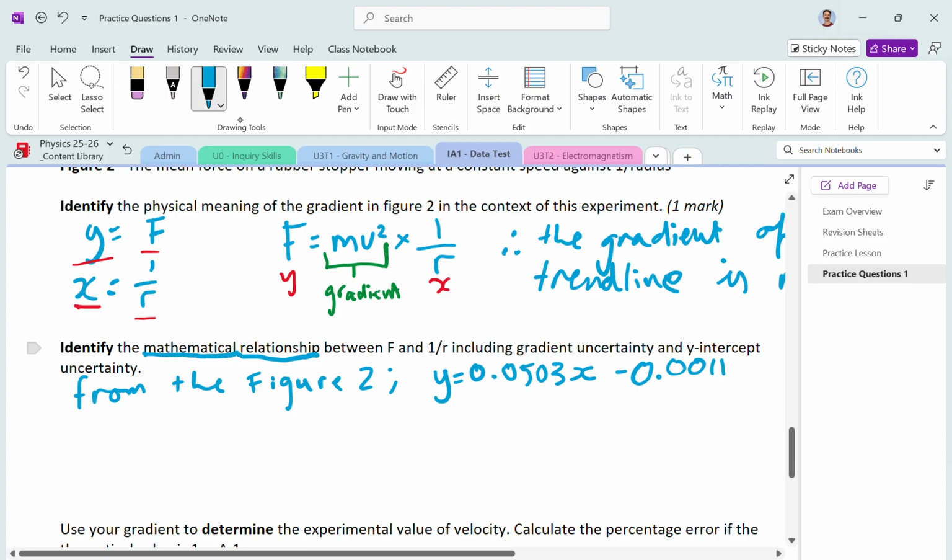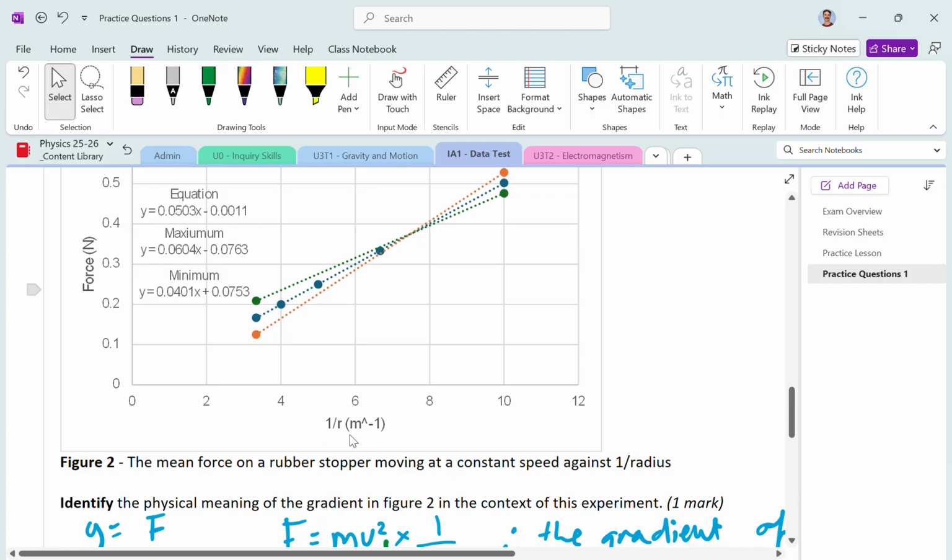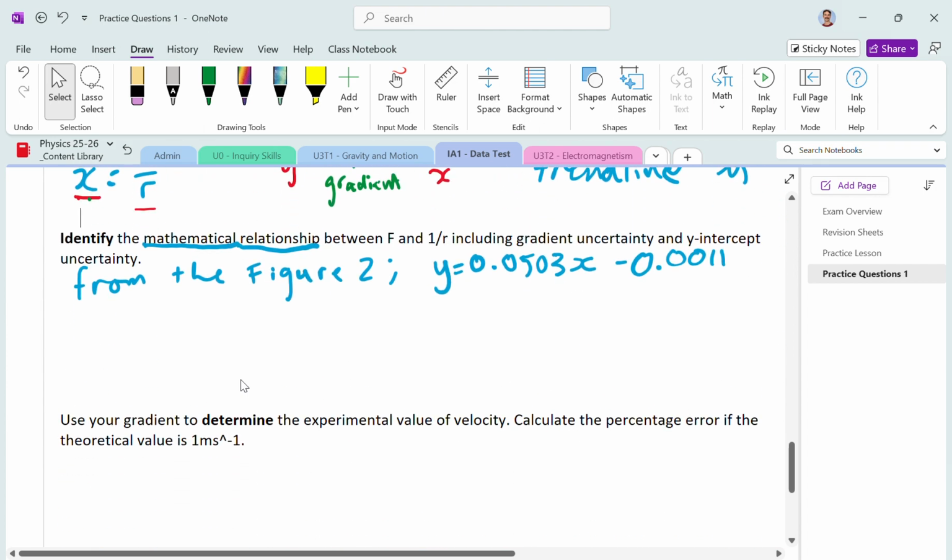Okay, so I could turn this into the equation where I sub in, for my x value, 1 over r, because literally the x is 1 over r, and for my y value, I sub in the force.